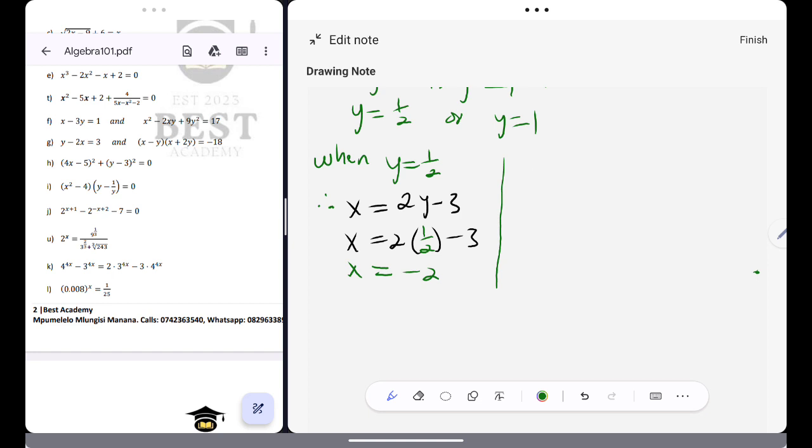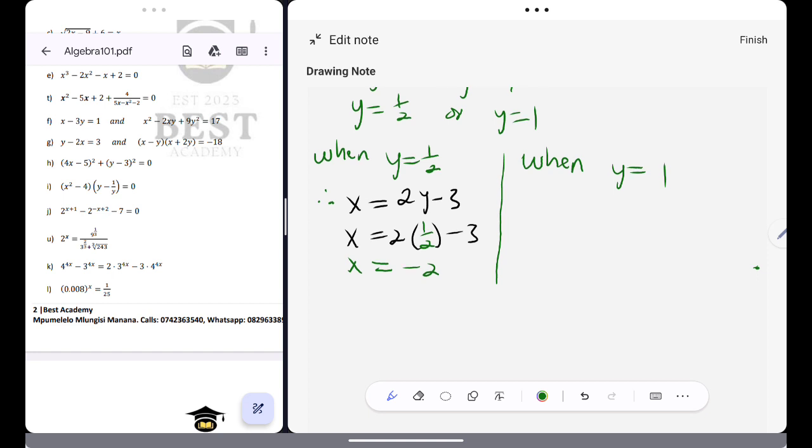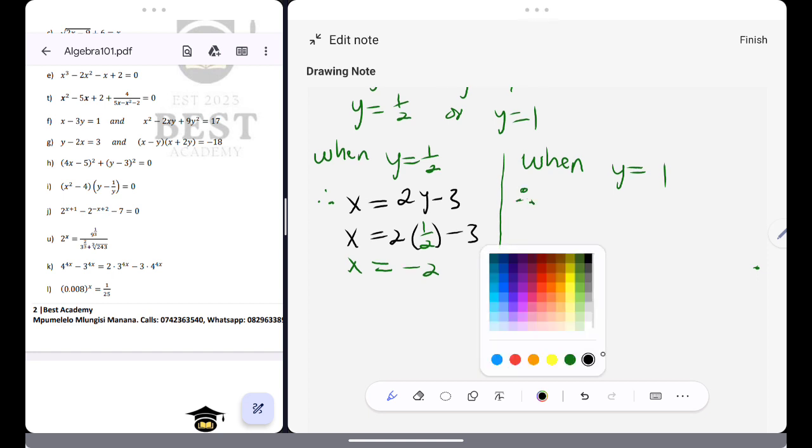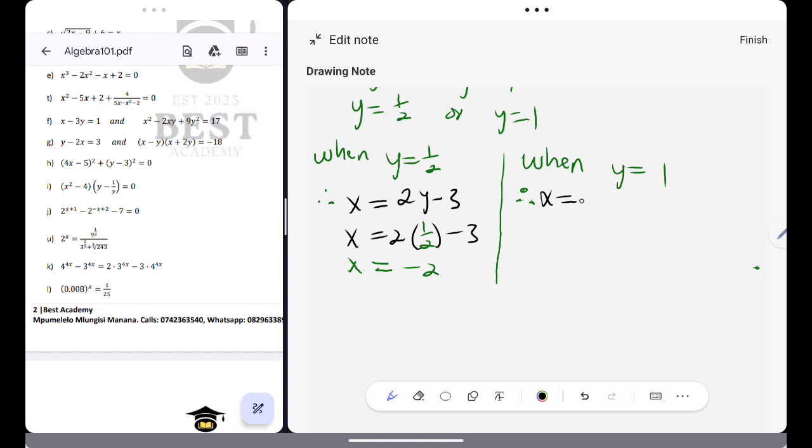And then for the other y coordinate, I'll say when y is equal to a positive 1, therefore x is equal to 2y minus 3. Whenever I see y, I substitute the y value. So this is 1.